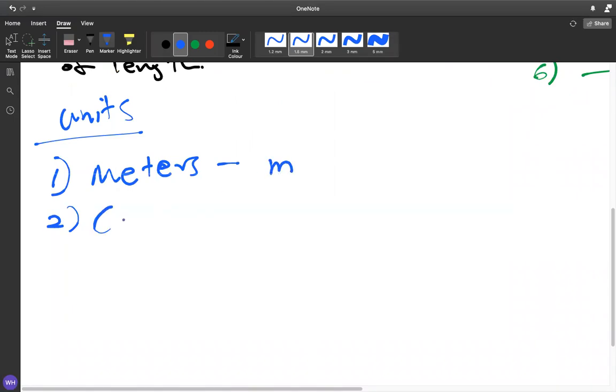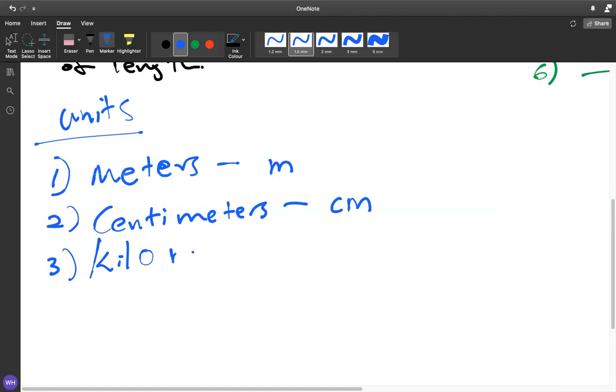And then centimeters. How do you indicate centimeters? Simple C, simple M, right? And what are the other units that we use? Other than this, we use kilometers as well. So we indicate it by simple K, simple M.